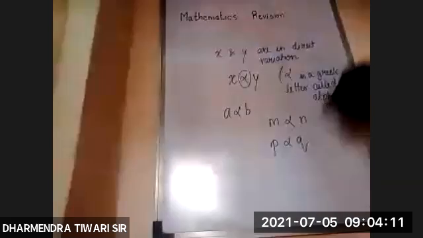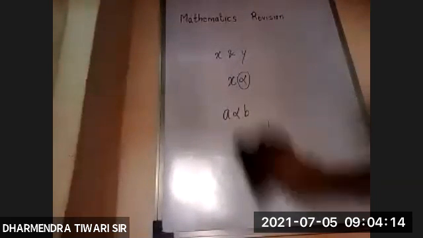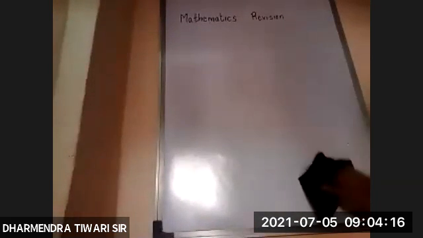So this is the way to represent two variables in direct variation.